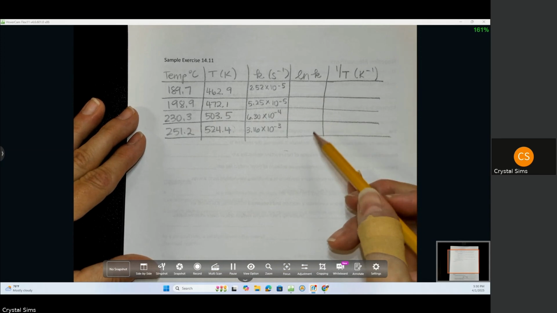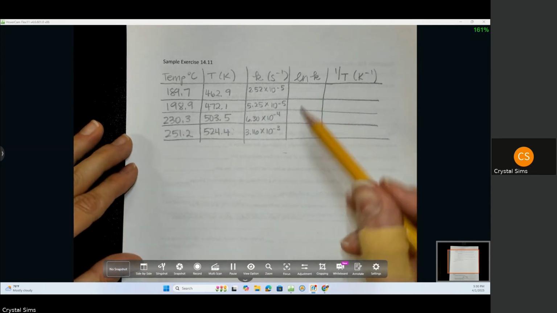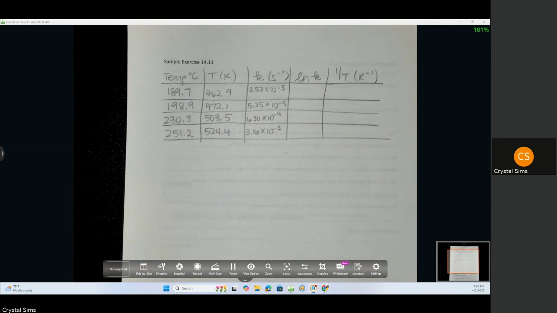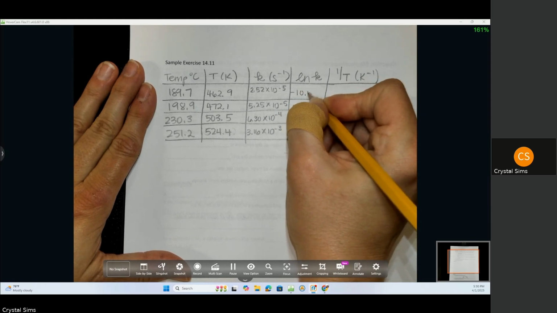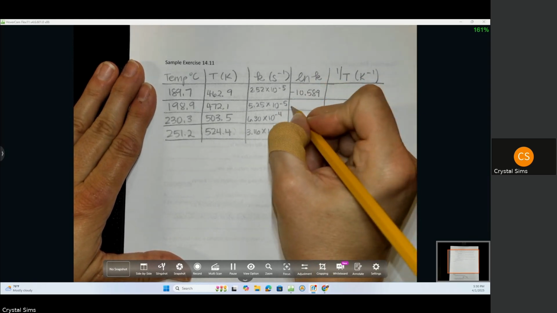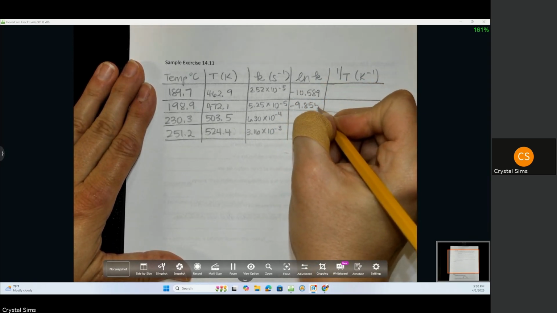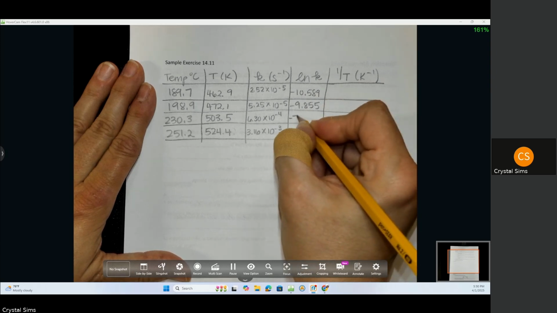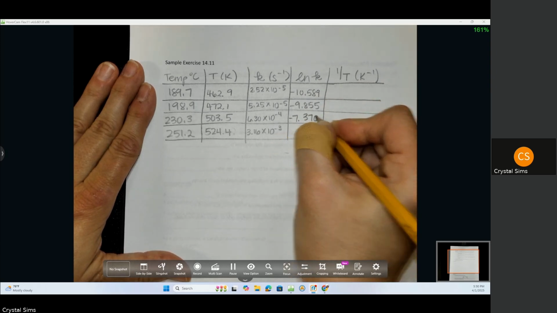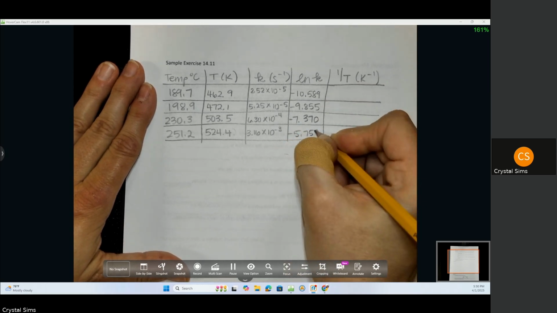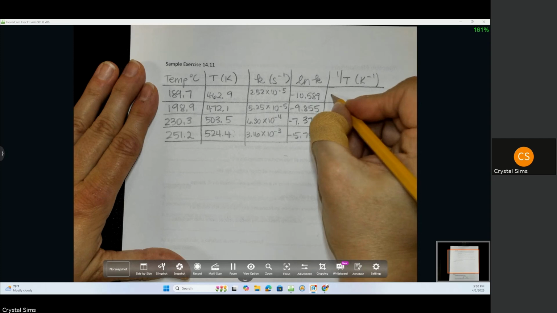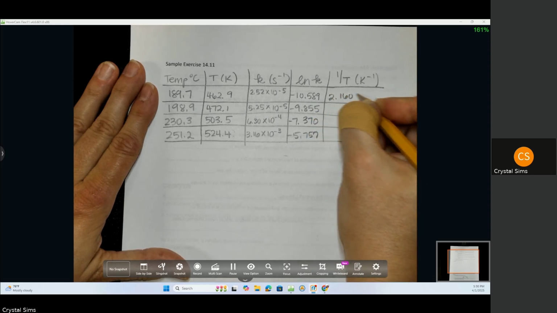Now I'm going to get my calculations so that I can get my graph and determine what my activation energy is going to be. So let's write in this data. And really, you don't have to keep a table like this, but it does make it handy, especially when you have to do the graphs, because it's all right there in one place.